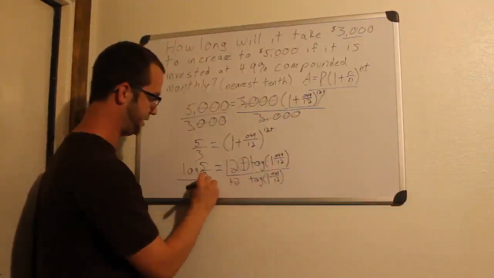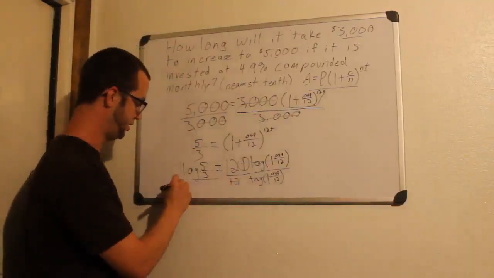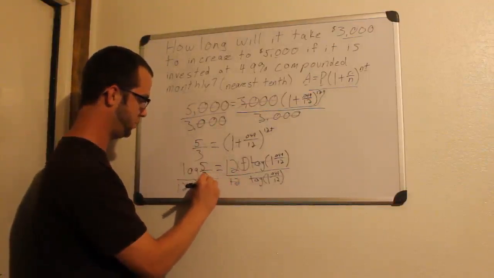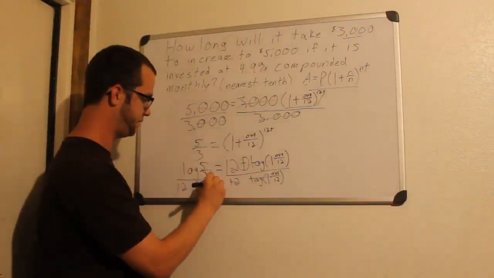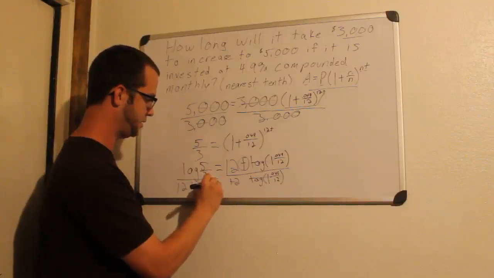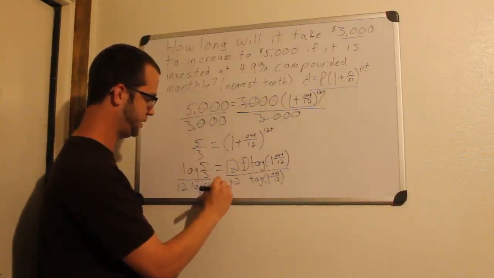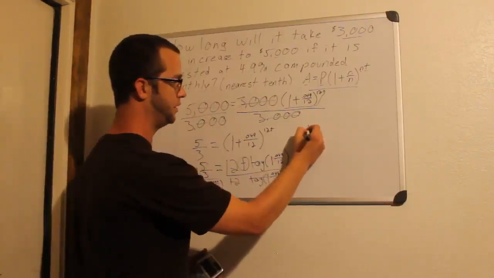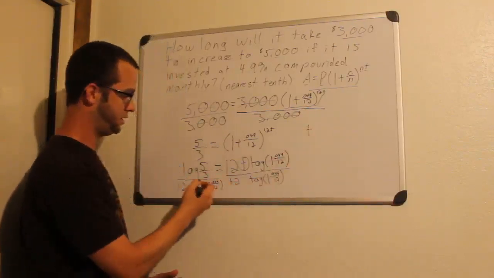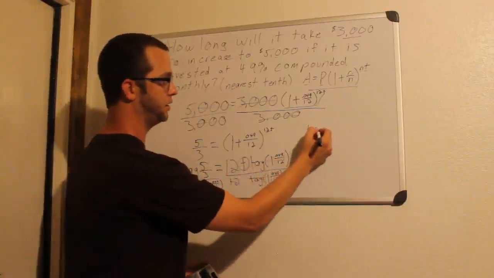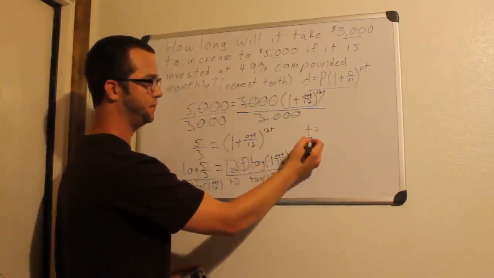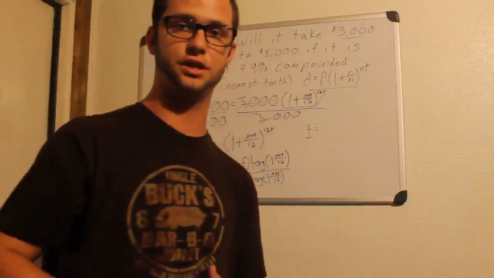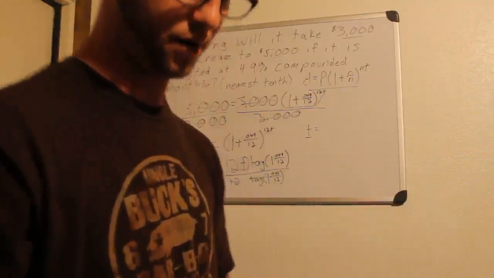So now you divide the other side by the same thing: 12 log of 1 plus 0.049 over 12. And then you pull out your wonderful Casio, type this into it, and you will get the amount of time that it will take your $3,000 to turn into $5,000, and I'll demonstrate that on my Casio right now.